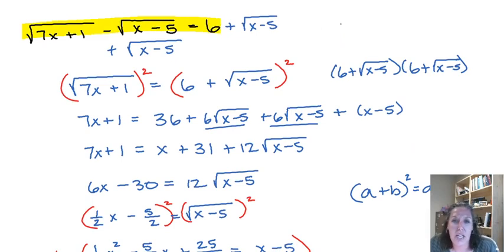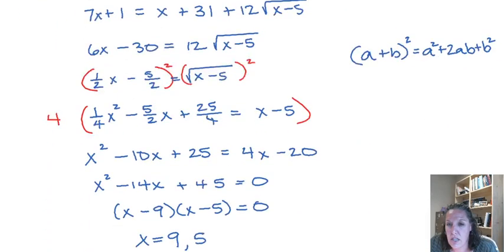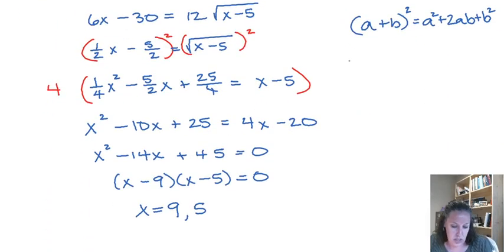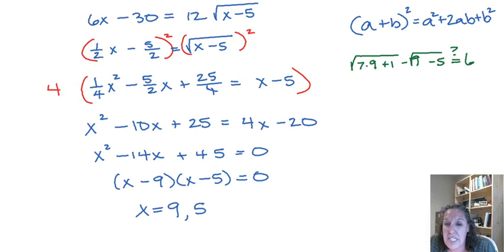And when we plug that in, we've got the square root of 7 times 9 plus 1 minus the square root of 9 minus 5. We want to know, is that equal to 6? 7 times 9 is 63 plus 1 is 64.